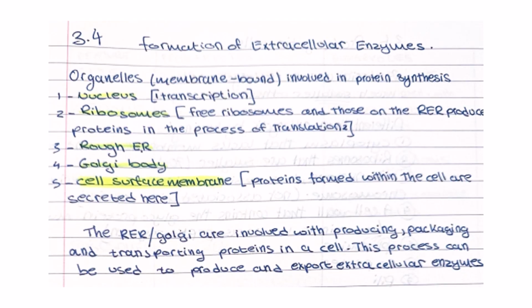Okay, now let's talk about formation of extracellular enzymes. Organelles are membrane bound, and they're involved in protein synthesis. The organelles involved in protein synthesis are, number one, the nucleus, where transcription occurs; ribosomes, so that's free ribosomes and those on the RER, which produce proteins in the process of translation; the rough endoplasmic reticulum; the Golgi body; and of course the cell surface membrane, where proteins formed within the cell are secreted.